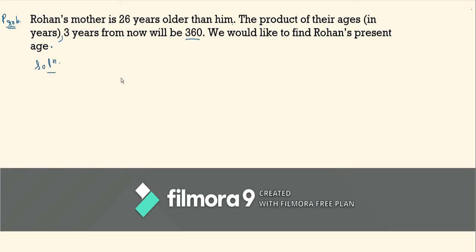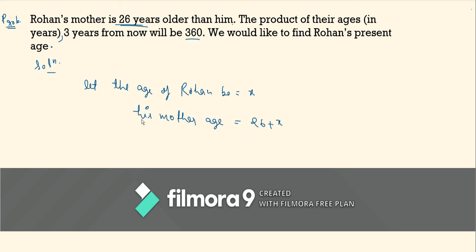Now, what do we have? Rohan's mother is 26 years older. But what about Rohan's age? Let the age of Rohan be x. Now his mother is 26 plus x, because his mother is 26 years older than him. So he is x years and she is 26 plus x years. Now 3 years from now.